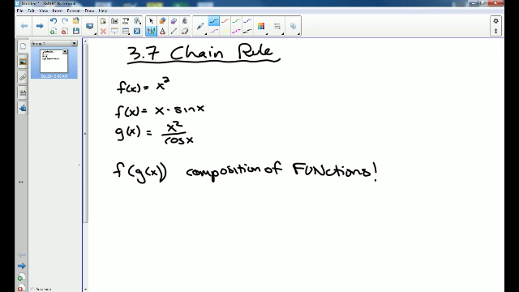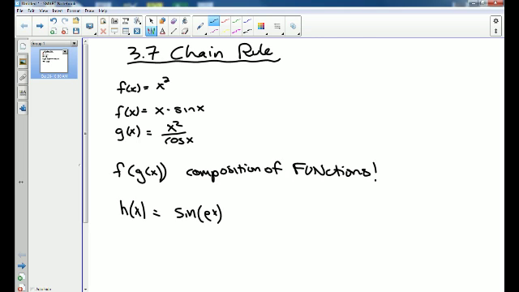So basically what we're looking at, you might have some function where you have two of them composed. How do you calculate a derivative when you have a function inside of another one?